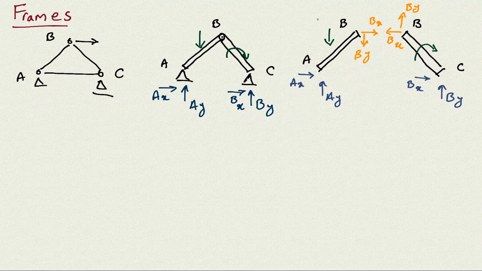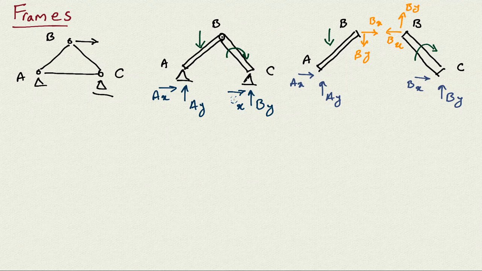Now I have two members, AB and BC, and how many unknowns do I have? I have Ax and Ay, two here, Bx and By, two here, and sorry, these are the Cx and Cy. So I also have the Cx and Cy there.